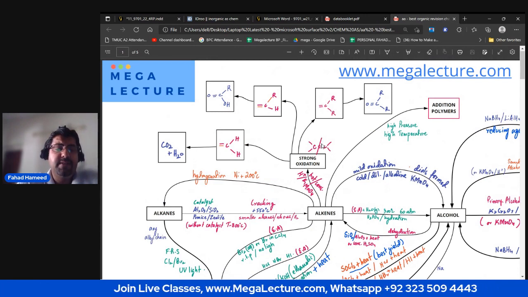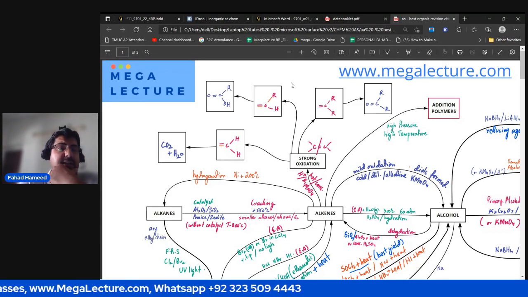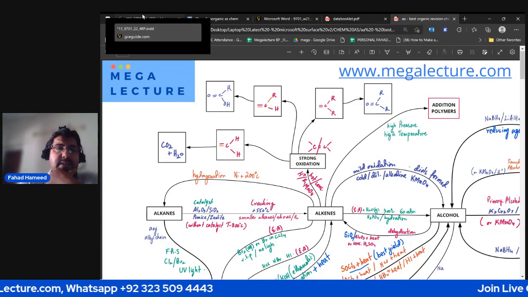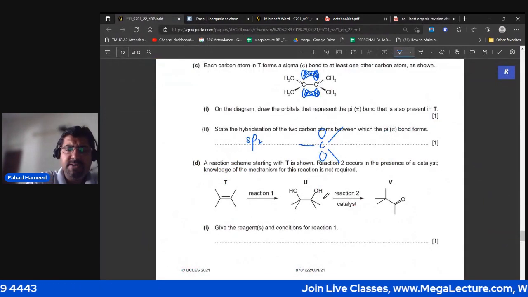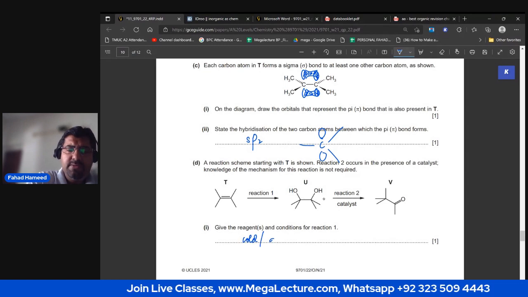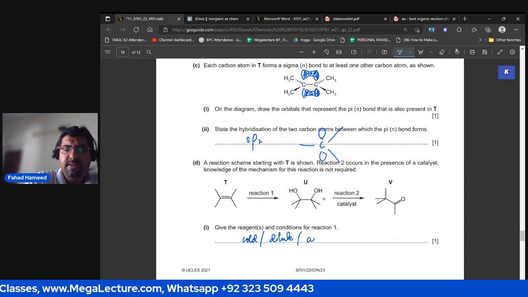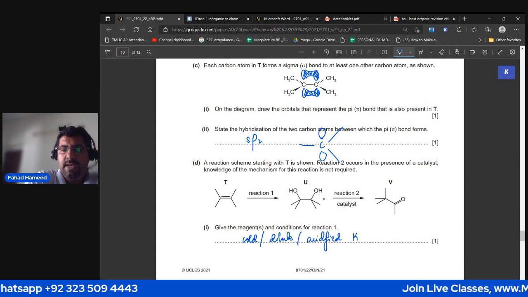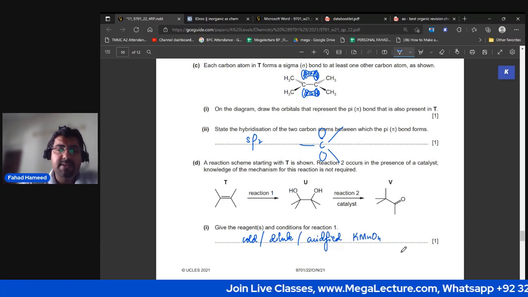You have mild oxidation, which is cold dilute alkaline KMnO4, and that results in the formation of diols. So in our case, this over here is mild oxidation. So it's going to be cold dilute. So mild conditions, alkaline KMnO4. So that is mild oxidation.